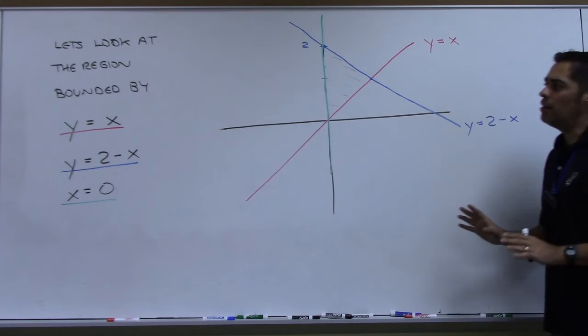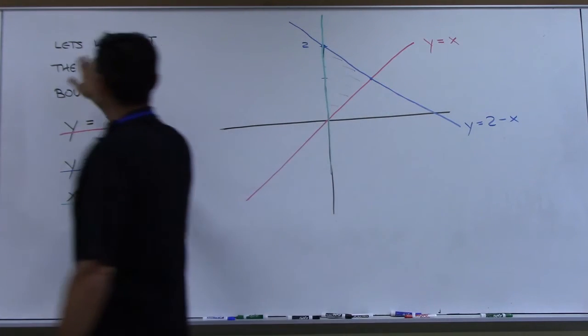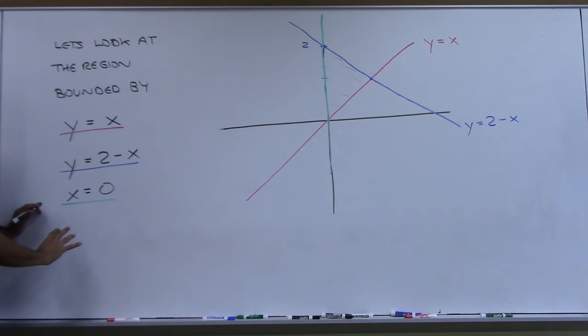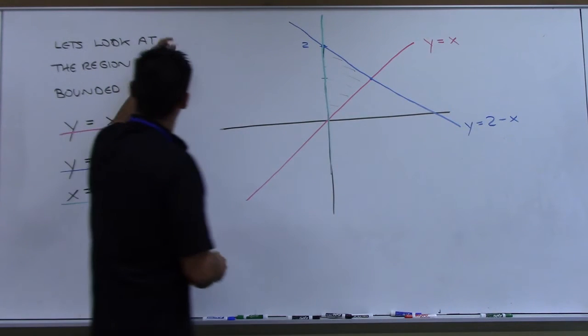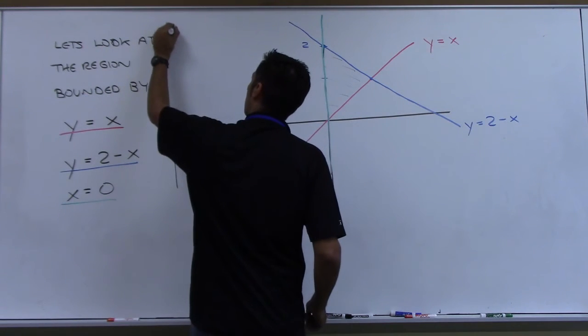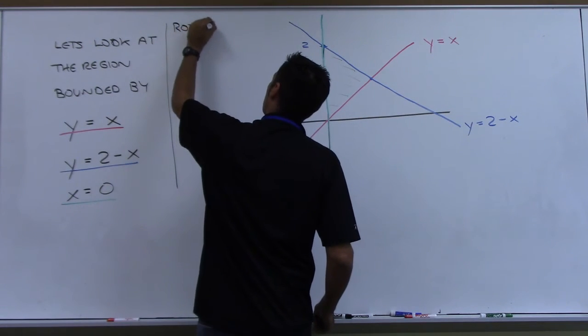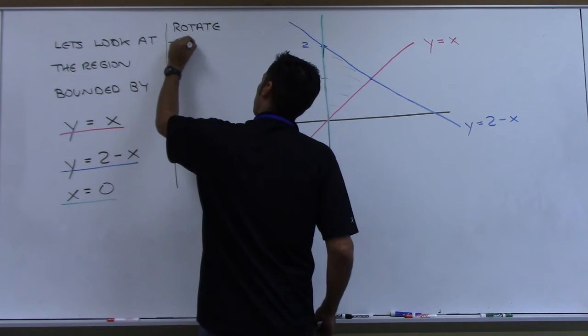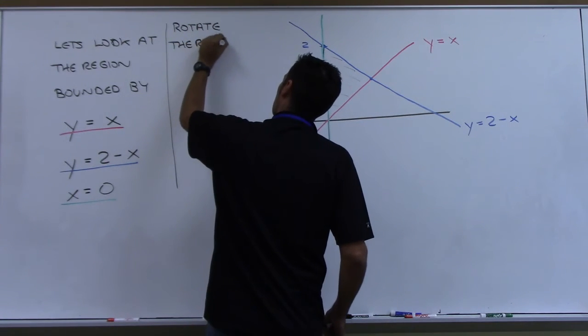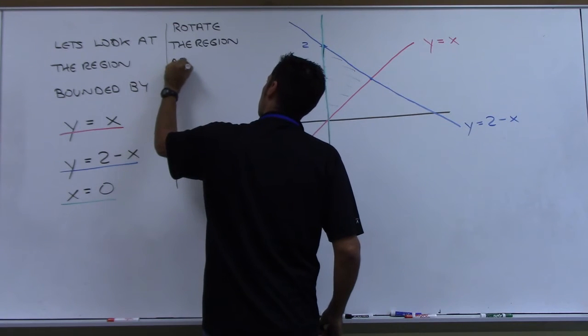What we're going to do now is I'm going to add something to this. We're looking at the region bounded by these. Now, rotate that region about the x-axis.